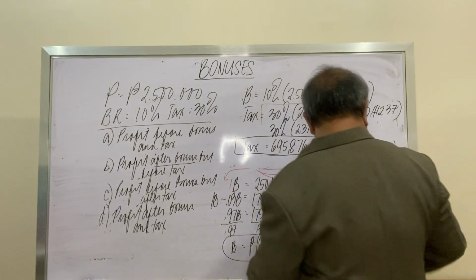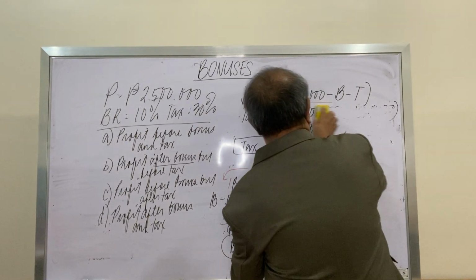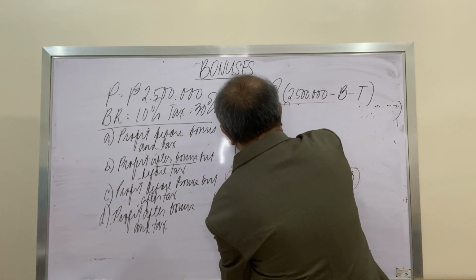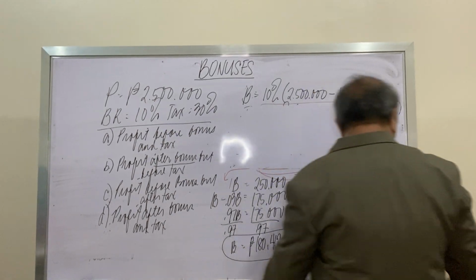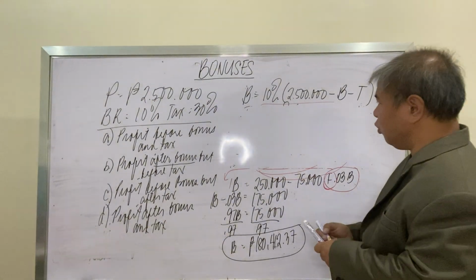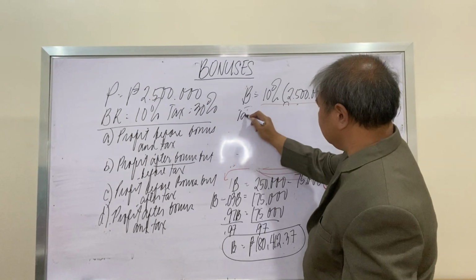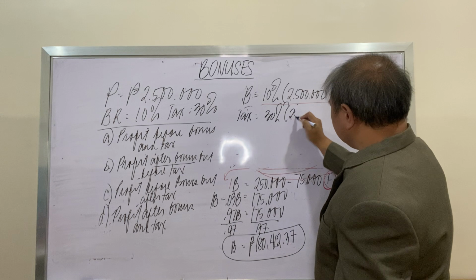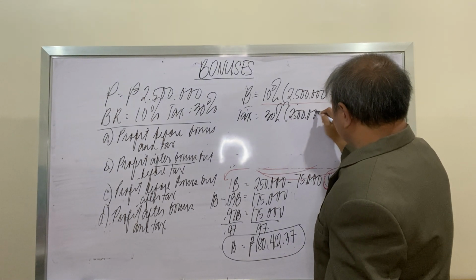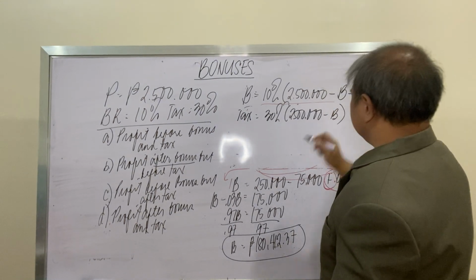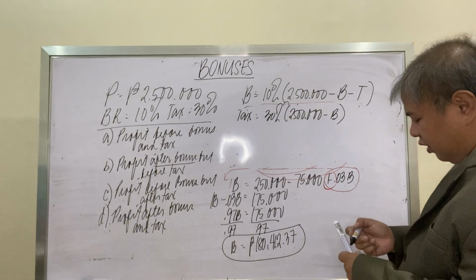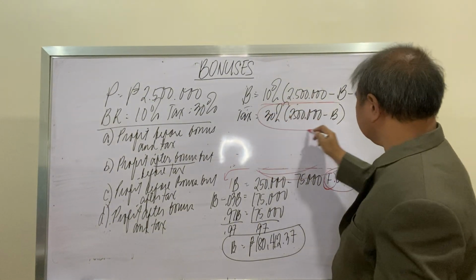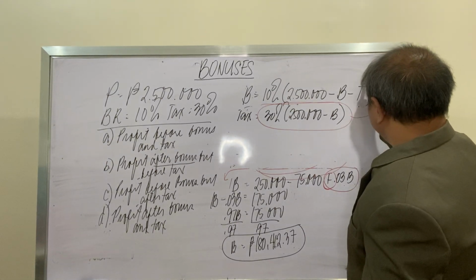So therefore, again, we have to have a formula for tax. We can substitute because we cannot work with two variables. Okay? So therefore, for tax is what? 30% of the profit minus the bonus. Okay? So again, we will substitute this tax formula here.